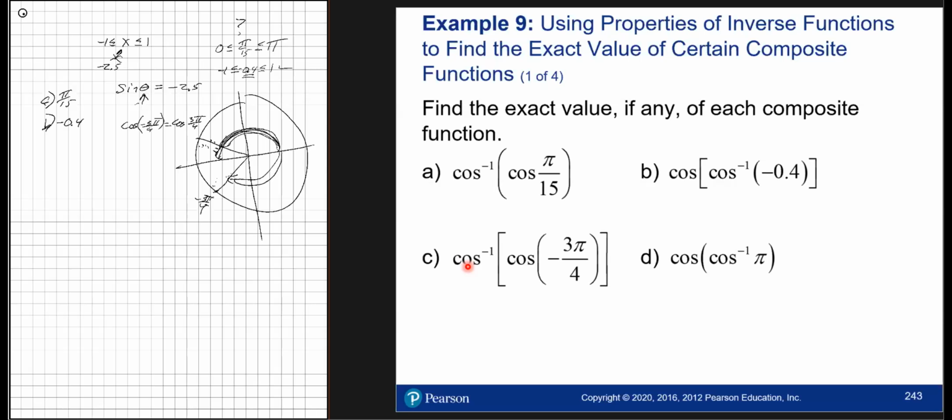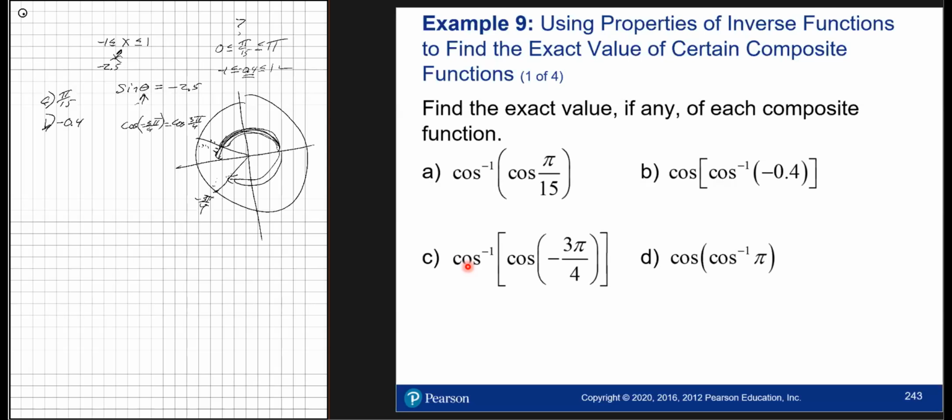Oh, hang on a second. My fuzzy brain. Cotangent, we're dealing with angles from 0 to pi.